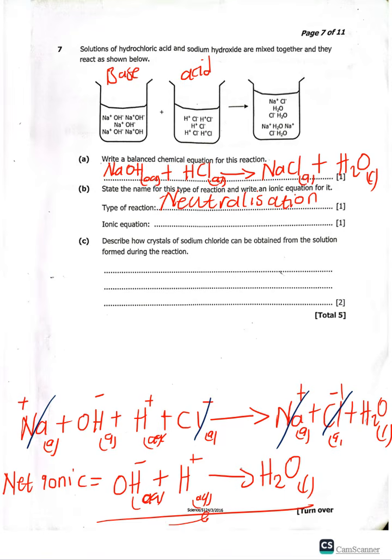Describe how crystals of sodium chloride can be obtained from the solution formed during the reaction. So since this product consists of water and the sodium chloride, for us to remain with the sodium chloride as crystals, first we need to heat the solution until some water evaporates.